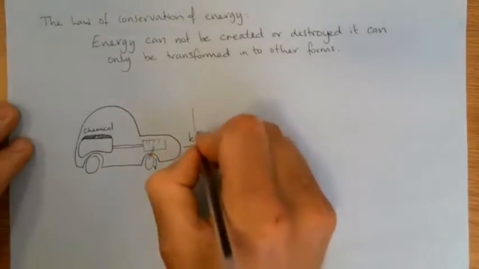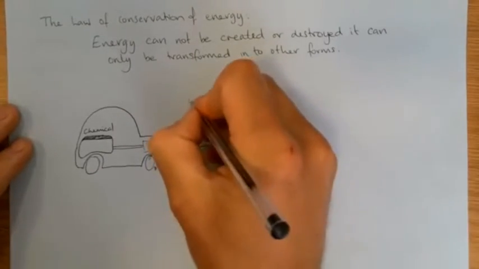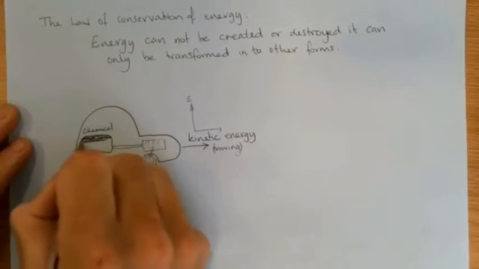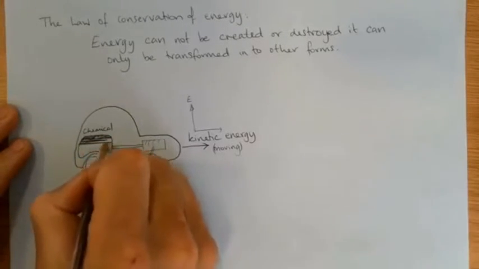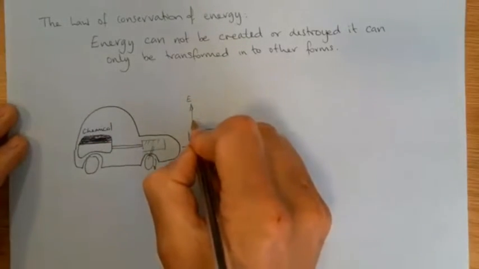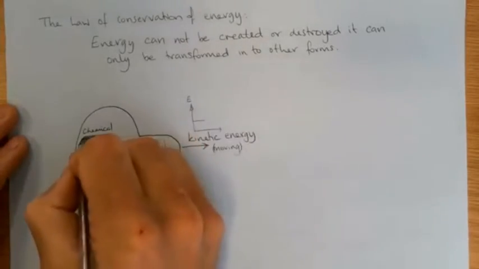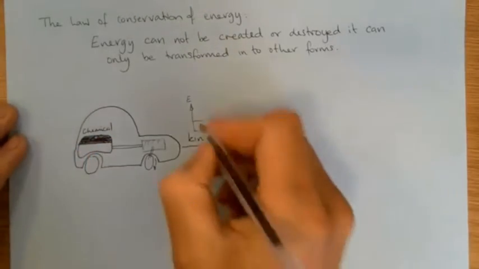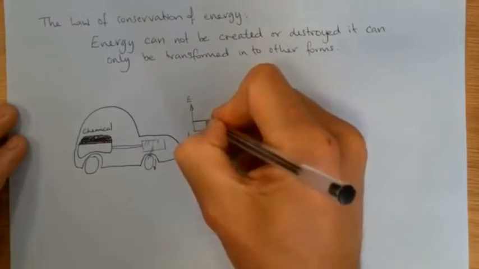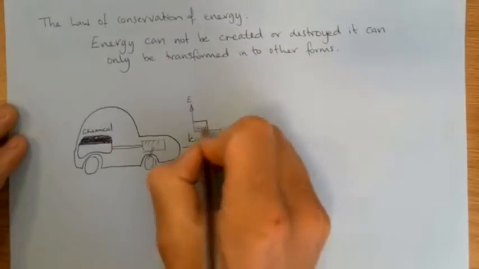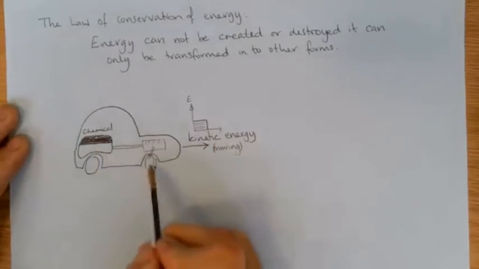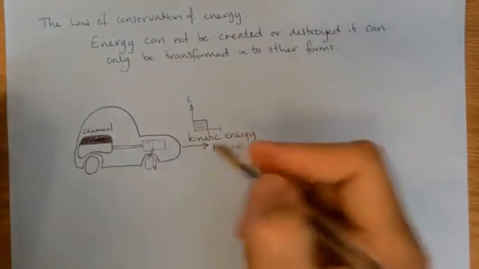So over time, what happens is the chemical energy reduces as it gets used up, and the kinetic energy of the car is maintained. So how much the car is moving is a store. So there is a store of kinetic energy which has come from the chemical energy being transferred into kinetic energy.